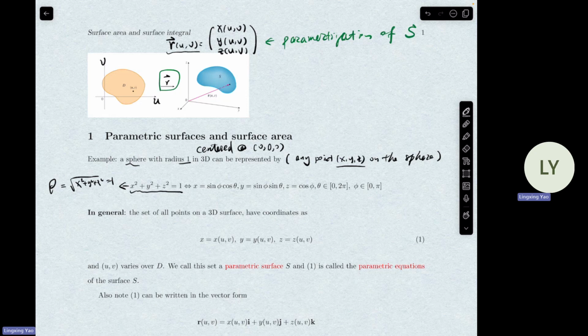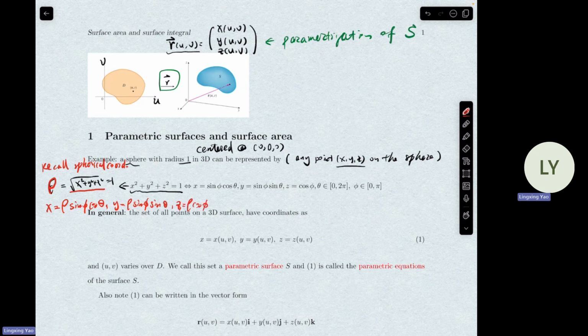Recall that in spherical coordinates, rho equals the square root of x squared plus y squared plus z squared, and x is rho times sine phi cosine theta, y is rho times sine phi sine theta, and z is rho times cosine phi.